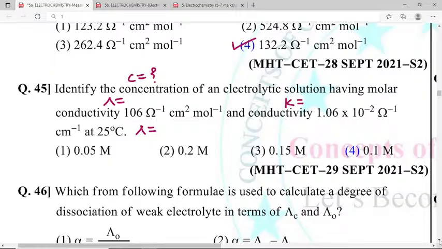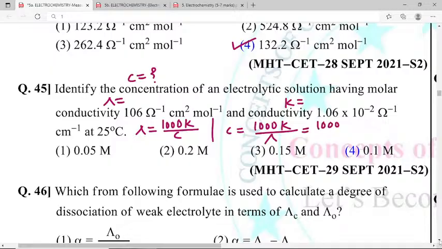Molar conductivity is equal to 1000 K divided by C. So C, the concentration, is equal to 1000 K divided by molar conductivity lambda.